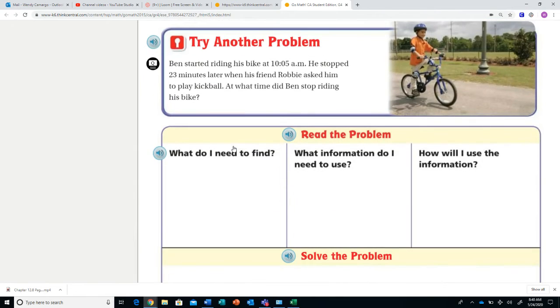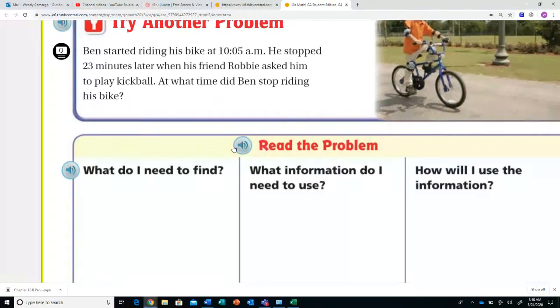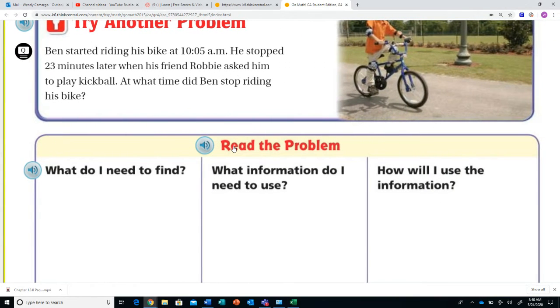Try another problem. Ben started riding his bike at 10:05 a.m. He stopped 23 minutes later when his friend Robbie asked him to play kickball. At what time did Ben stop riding his bike? Seriously, the only parts of this question that you need are the start time and how long he was riding his bike. It's great that he went playing with his friend, but in terms of math, it's totally unimportant.